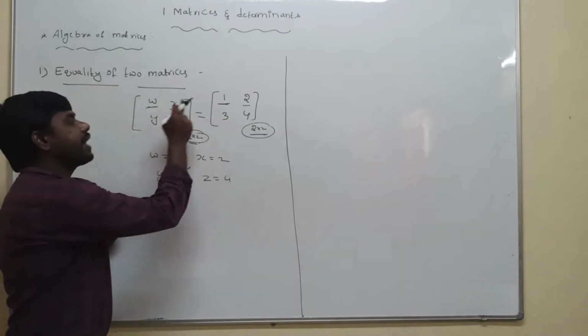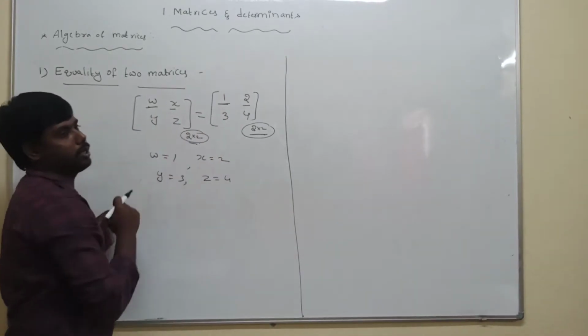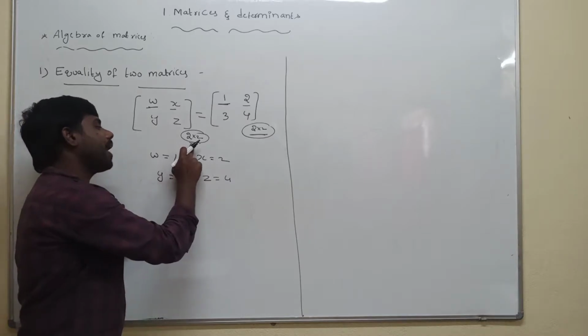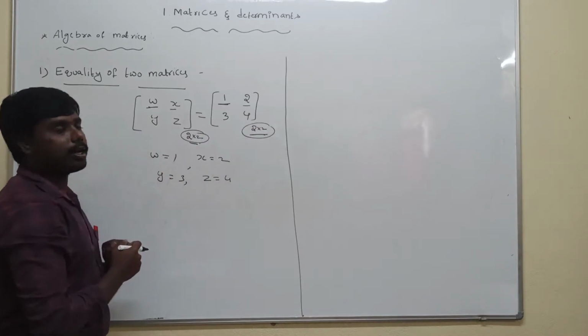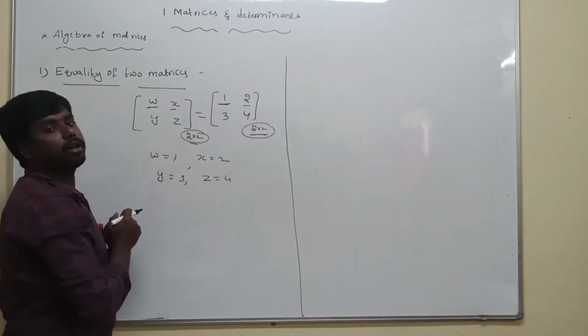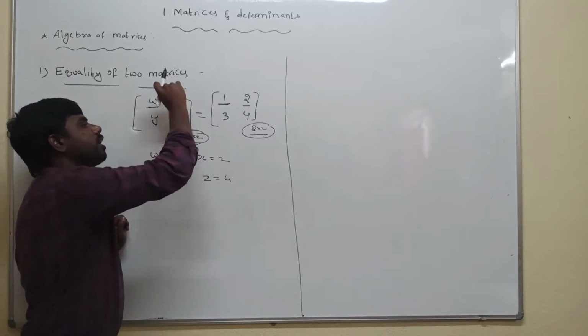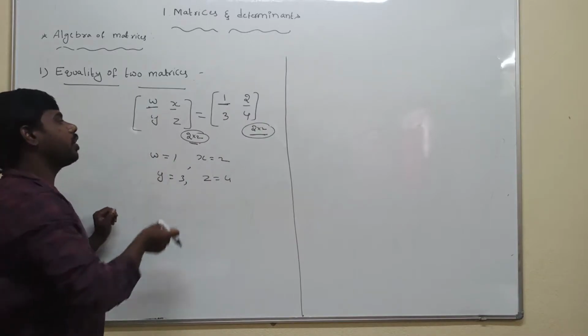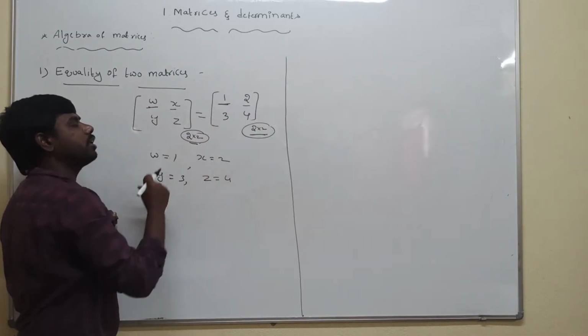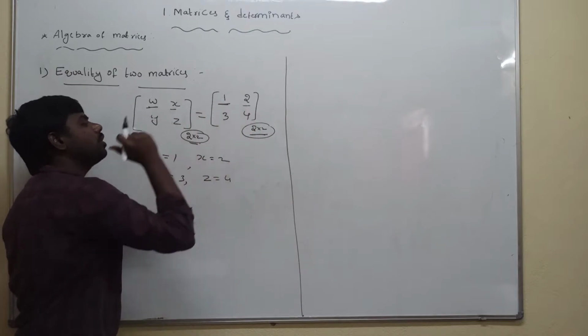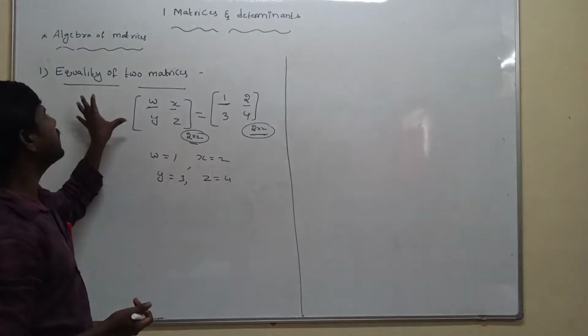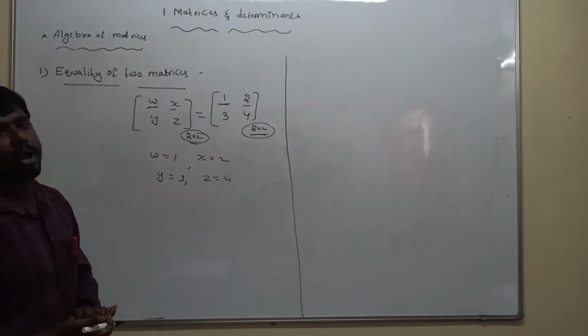Both matrices have the same order, and the first position element is equal to the first position element, the second position element to the second position, the second row first element to the first element, and the second row second element to the second element. This is nothing but the equality of two matrices.